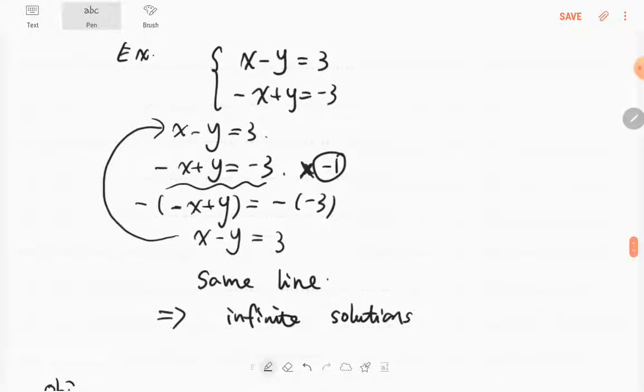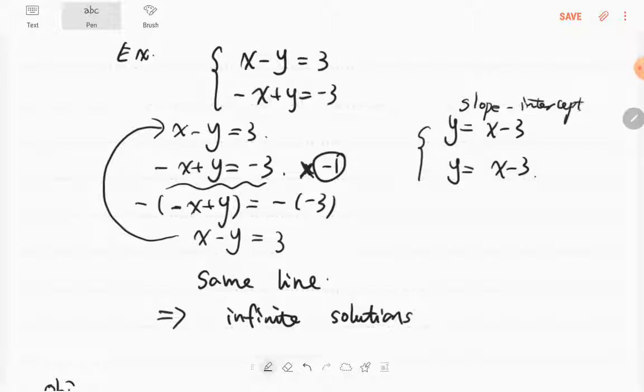If we switch the first equation to the slope-intercept form, we will get y is equal to x minus 3. If we do this for the second one, we will also get the same one. So this is another way to prove they are actually the same line, right? We can also change them to the slope-intercept form. For this kind of problem, it's always helpful to transform all the equations to the slope-intercept form.